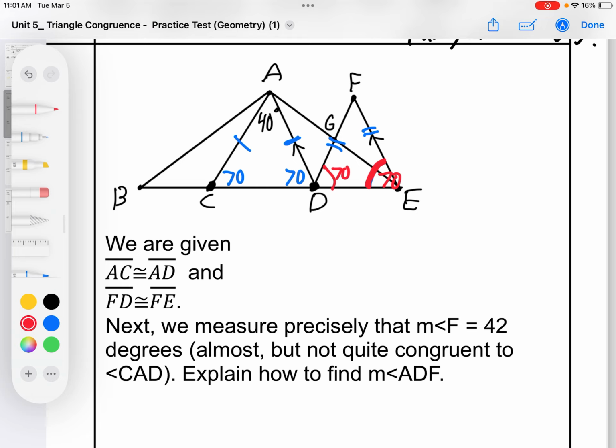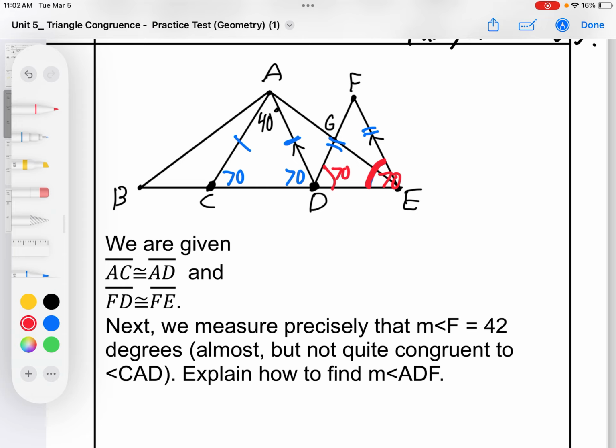And they say, wait, what? Shoot. Oh, there's a mistake in this problem.